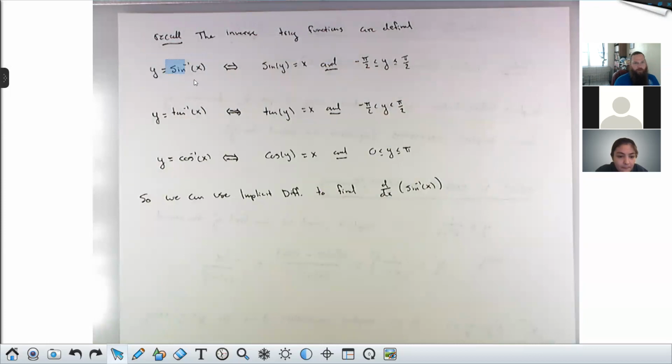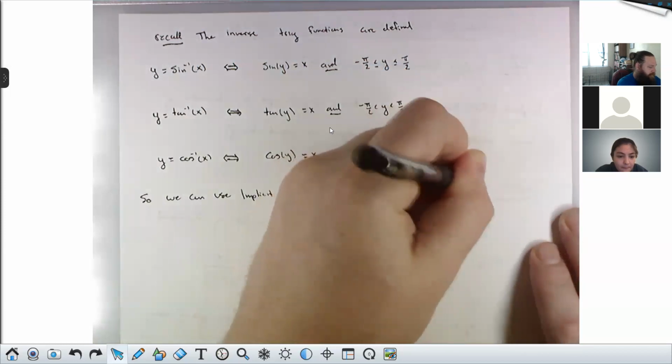But I don't know the derivative of the inverse sine function. I can't just say y prime is equal to the derivative of this thing. But y equals the inverse sine of x is the same as saying sine of y is equal to x, as long as you're within this domain. So we're going to do this implicitly.